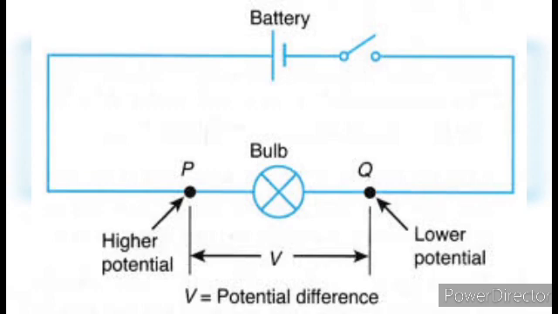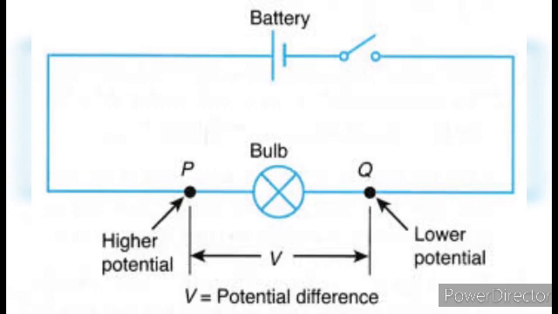As I told you, the formula will be V equal to W upon Q, because it is the amount of work required to bring a unit positive charge from infinity to a point. So basically it will be W by Q.